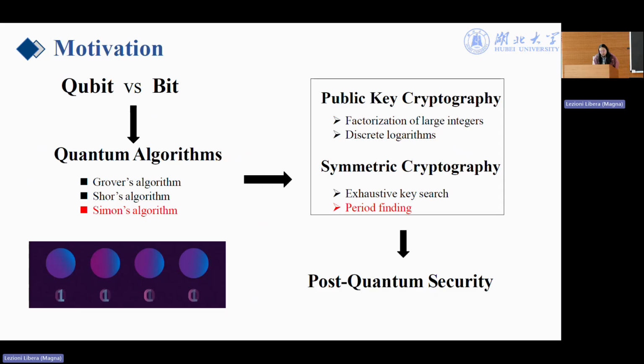In public key cryptography, Shor's algorithm can factor large integers and solve discrete logarithms in polynomial time, and in symmetric cryptography, Grover's algorithm can speed up search. Simon's algorithm has its advantage in attacking symmetric ciphers.